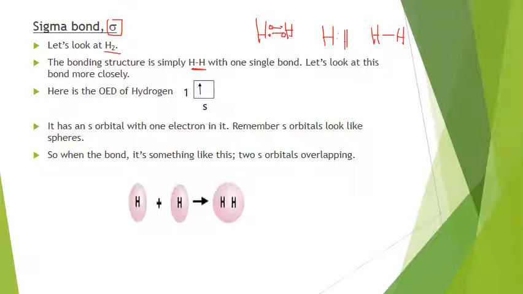So hydrogen H2 has one single bond. Let's look at it more carefully. Each hydrogen has this arrangement.